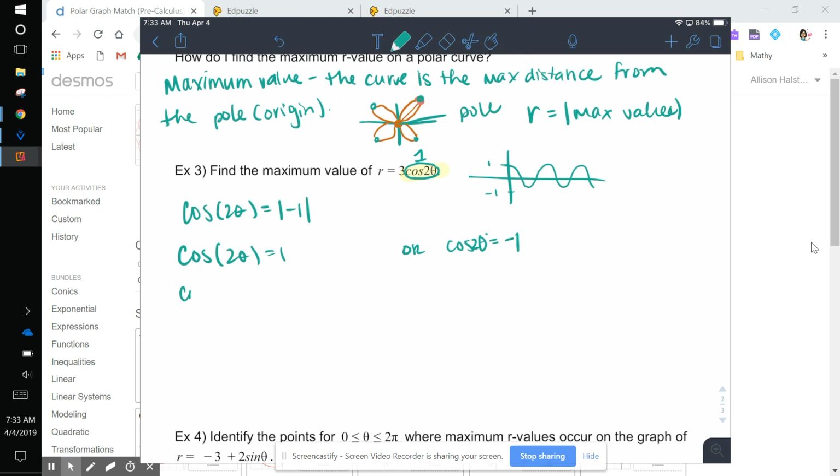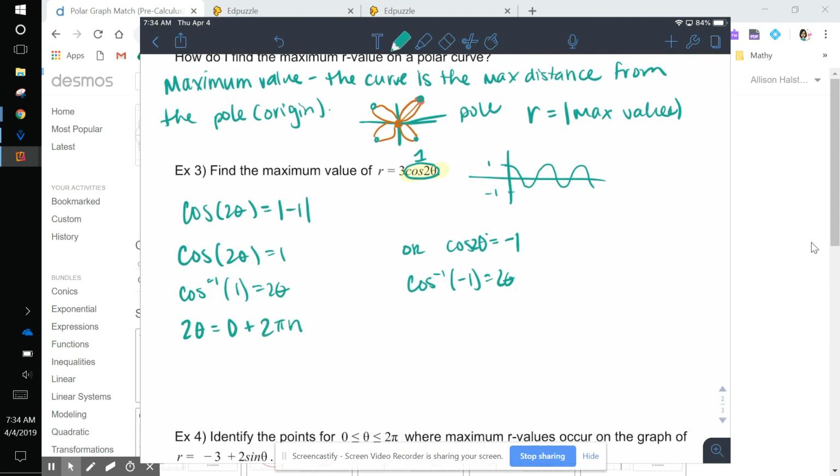So I get cosine inverse of 1 is equal to 2 theta, and the cosine inverse of -1 is equal to 2 theta. Cosine is equal to 1 at 0, and at 0 plus 2 pi n.